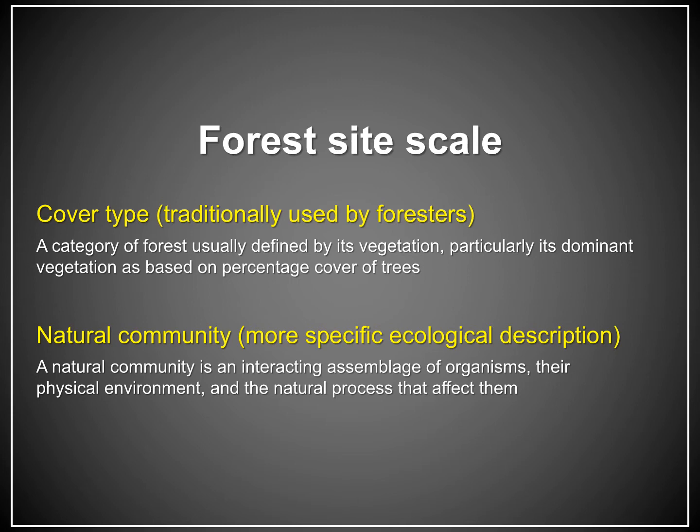Natural community definitions include canopy vegetation, but also understory vegetation, ground cover, topographic position, and natural disturbance regime as a means of defining an area ecologically. Though a little more complicated to utilize as a classification system, natural community definitions provide a much more informative and robust method of describing an area of forest land. So that is what we will focus on for the last several slides here.